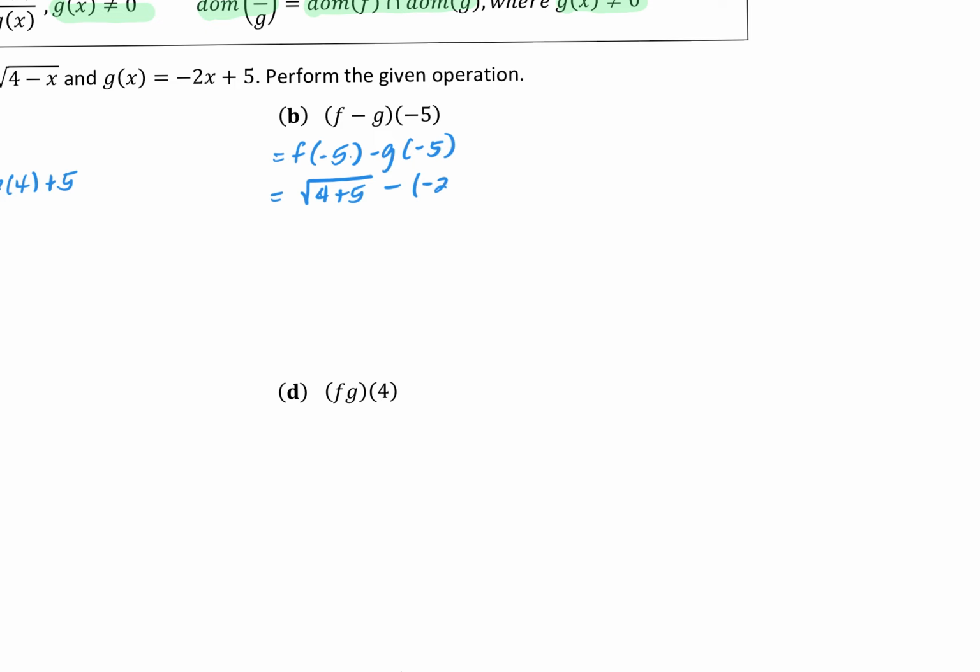So negative 2 times negative 5 plus 5. That's a lot of negatives. So inside the parentheses, that's just going to be 10 plus 5, or 15. And underneath, the square root of 9 becomes 3. And then this will just be 3 minus 15, or negative 12.